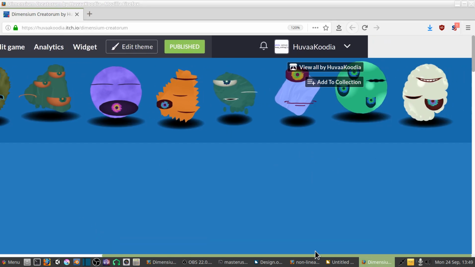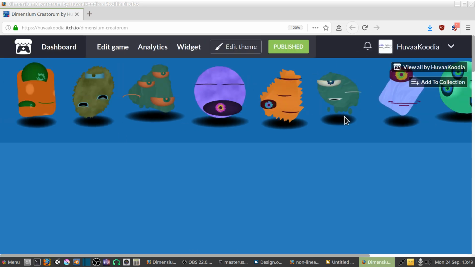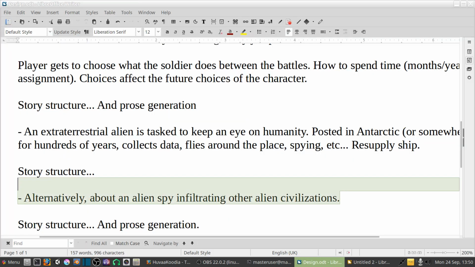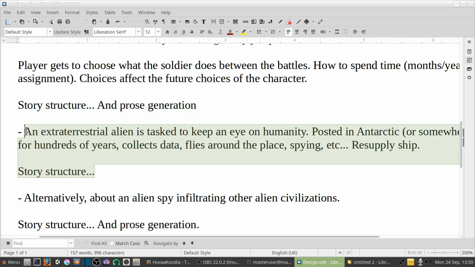If they look like humans, if they look like people, then they should behave like people. But because they look like this, they can behave in weirder ways, let's say. So I'm going to mix those ideas. Let's do that. I mean, this is not a bad idea either, but I'm a bit hesitant to do it because it is pretty much, the idea is lifted from the short story.